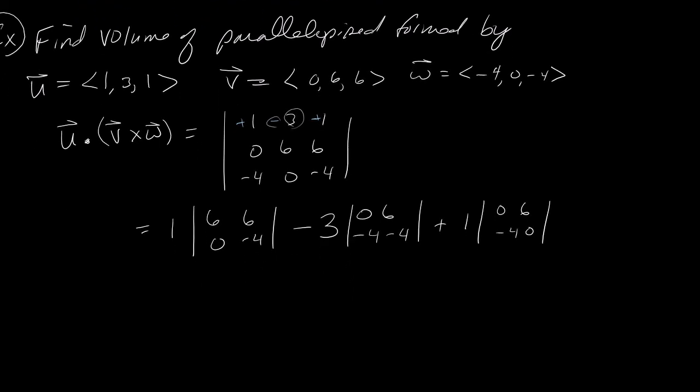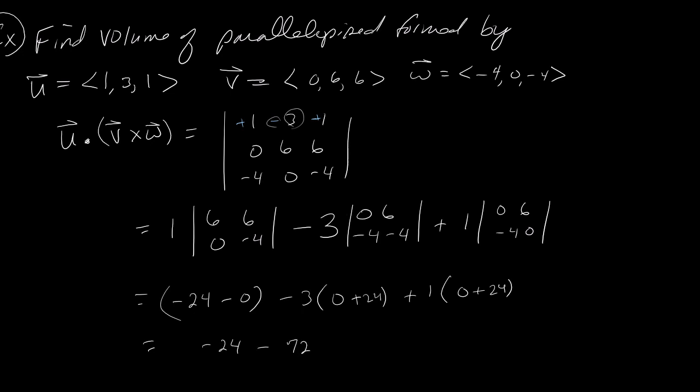Okay, all right. So let's see here. This is going to be 1 times (6 times -4 is -24, minus 0), minus 3 times (0 minus -24), plus 1 times (0 minus -24). So that's -24 minus 72 plus 24, which is equal to -72.